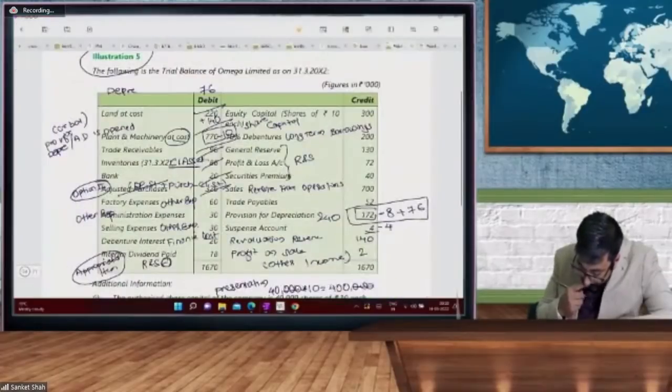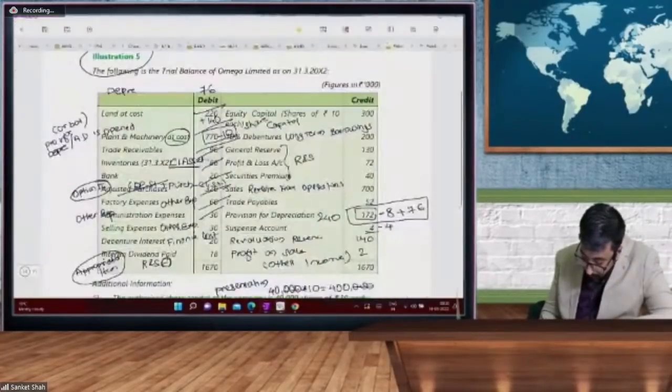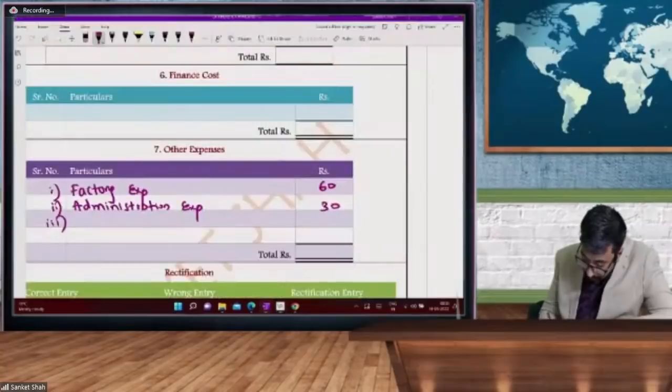Administration expense 30. Next one, selling expense 30.